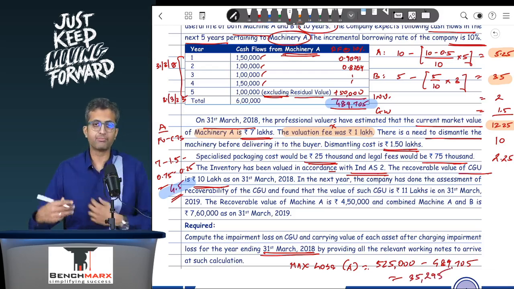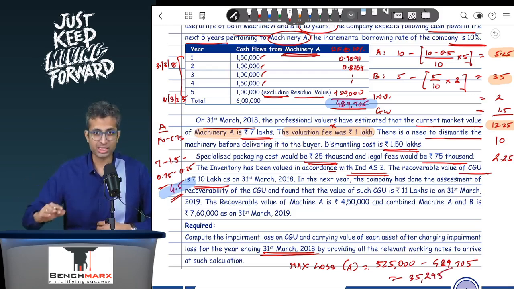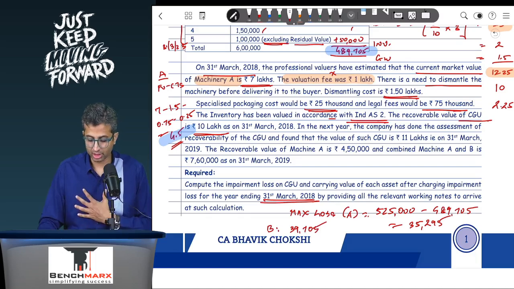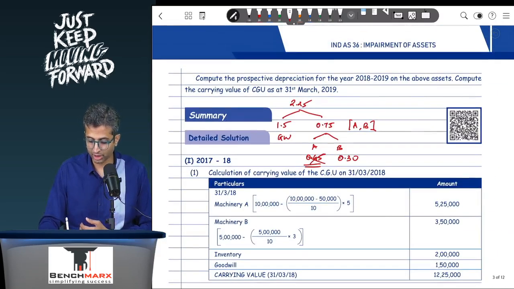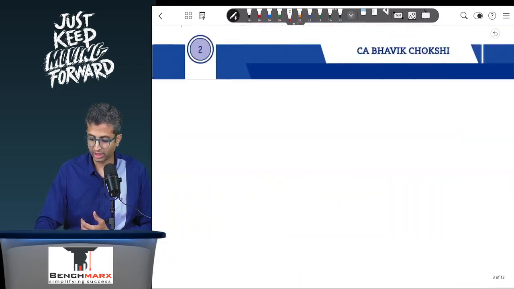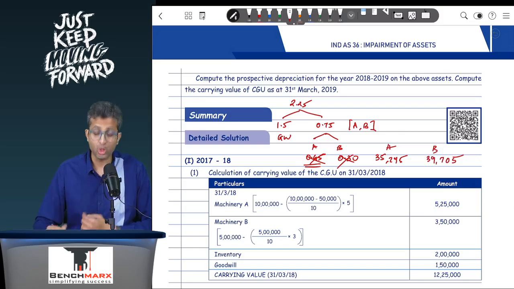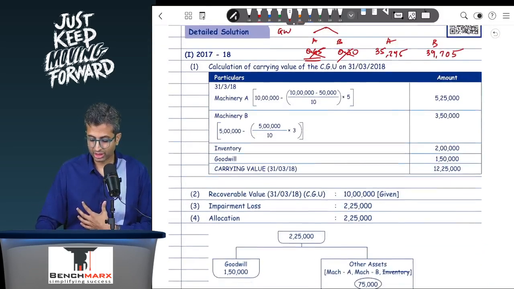So if A bears out of the 75,000 a maximum of 35,295, it will not bear 45,000, then the remaining 75 minus 35,295, that is the remaining loss of 39,705, will be borne by B. So over here, your allocation of impairment loss will not be 45,000 and 30,000 to A and B. In fact, it will be 35,295 towards A and 39,705 towards B. So this is a very interesting adjustment that you will have to do.